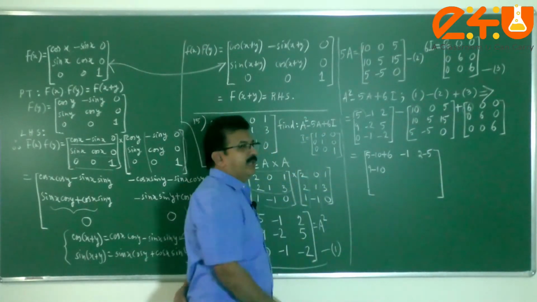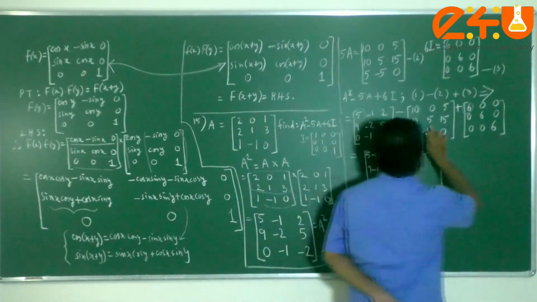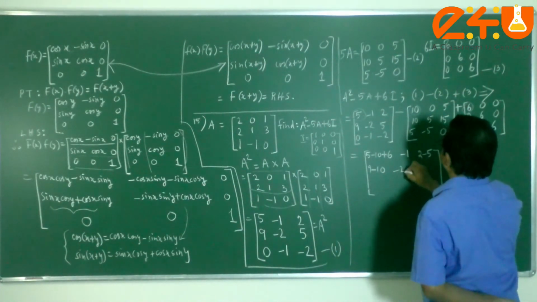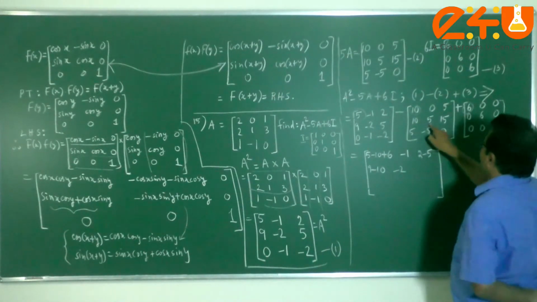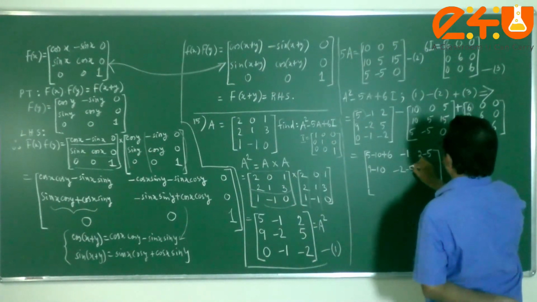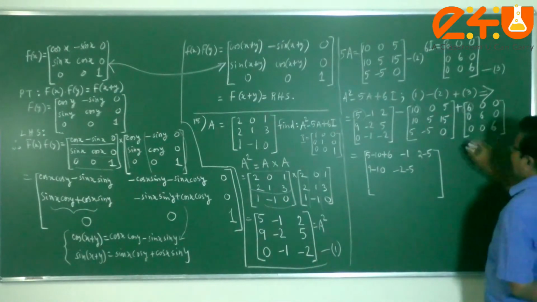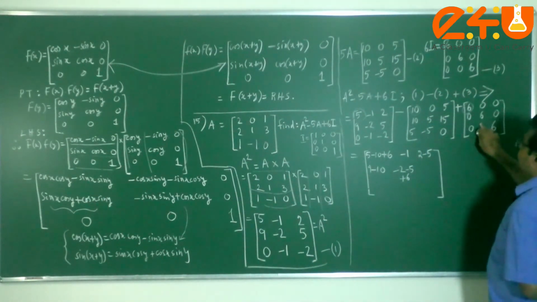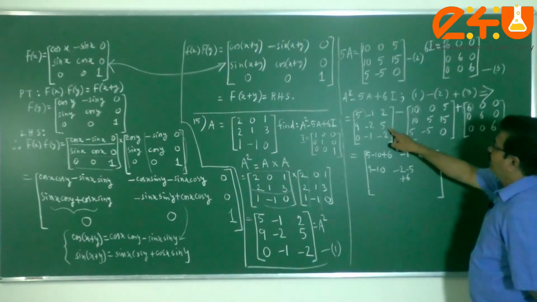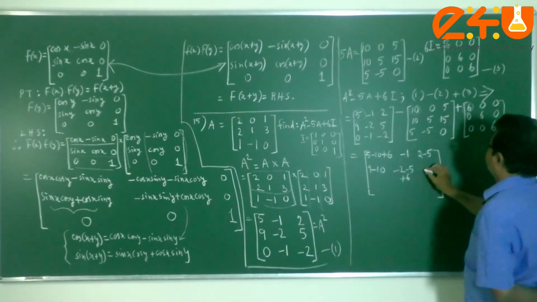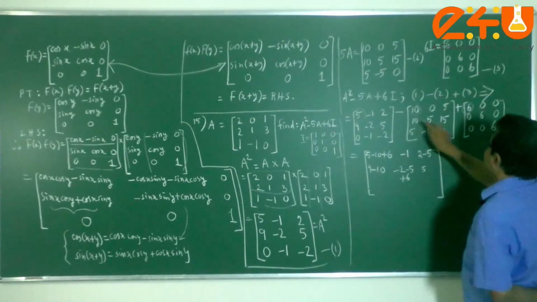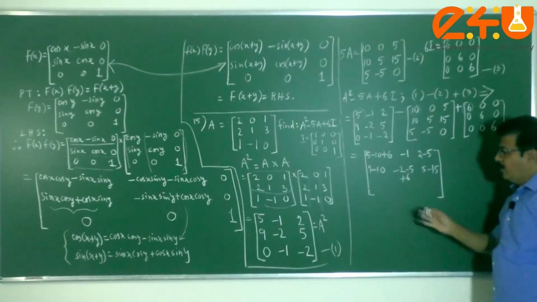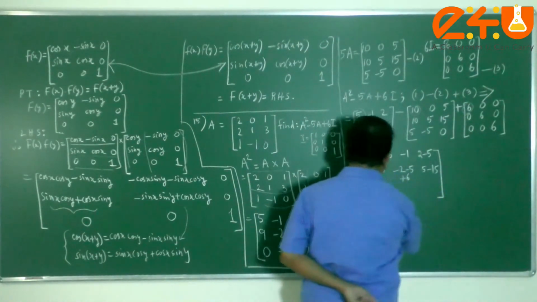Position 2, 2, let me write 9, minus 2 minus of 5, but position 2, 2 has a plus 6. And then the second row third column position, let me fill it, 5 minus 15. 0 does not alter, so I am ignoring it.